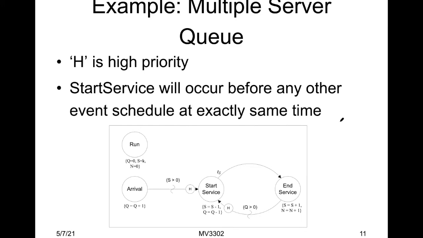And if I have two events that occur at exactly the same time with exactly the same priority, then it is unspecified which one happens first. In other words, your model should not depend on that in order to work properly.